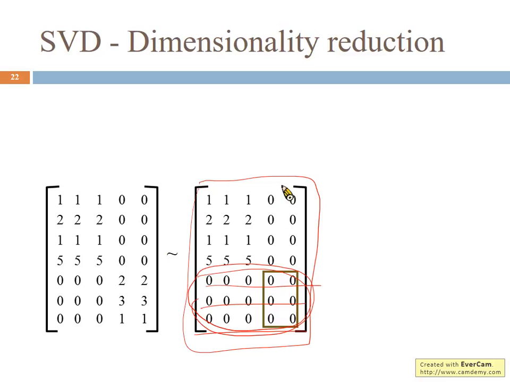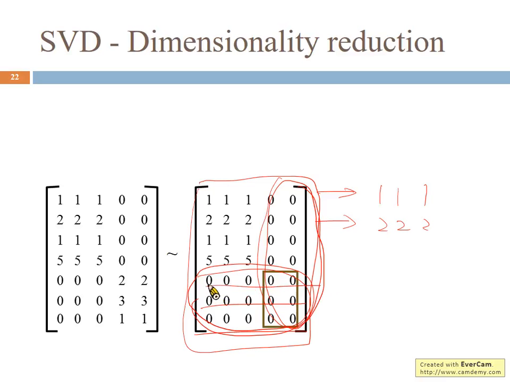And because the last two dimensions are all zeros, we can simply reduce the dimension to represent this document. So the first document can be reduced to 1, 1, 1. The second document can be reduced to 2, 2, 2, and so on.